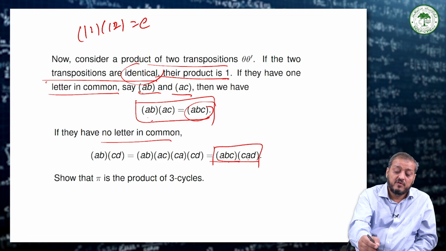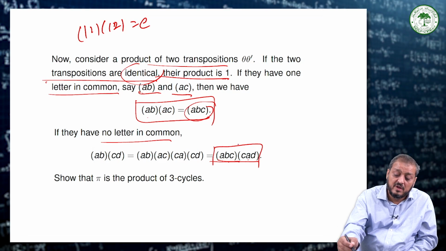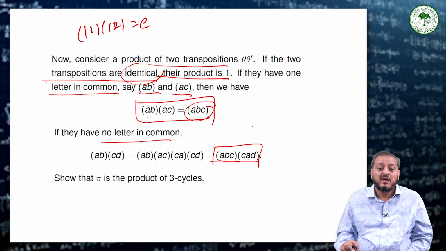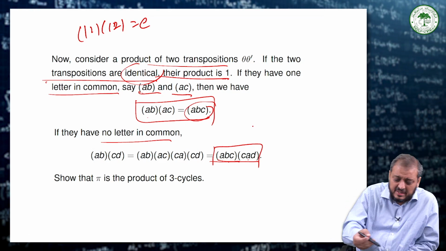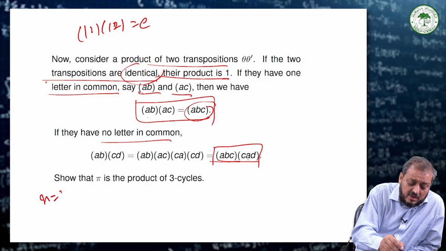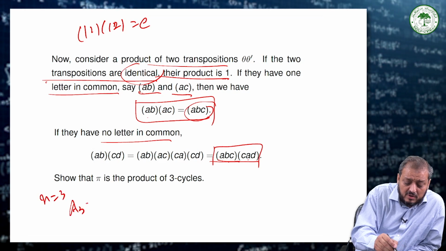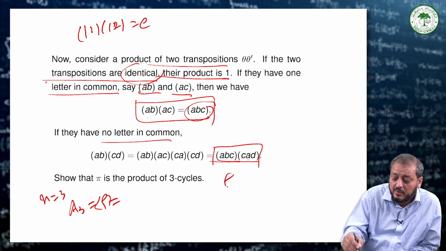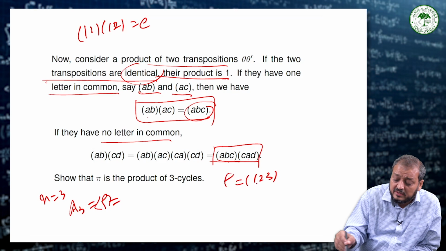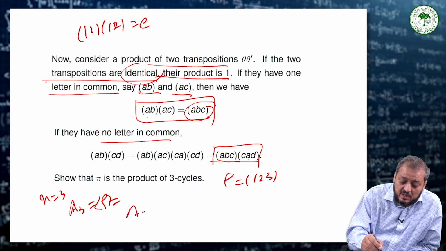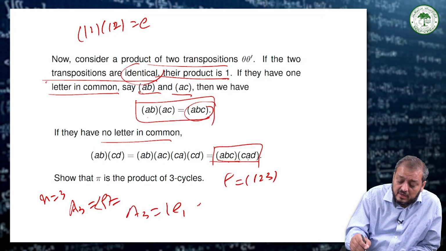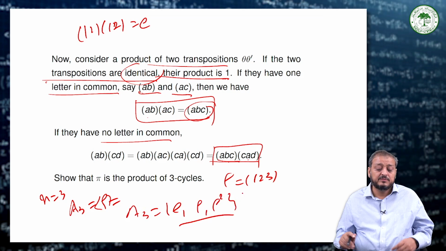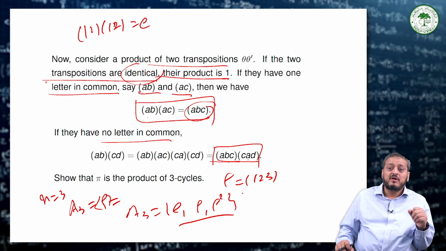So if we write (a b c), we are clearly generating all the pi. In the case n equal to 3, you know that A3 is generated by rho, where rho is equal to (1 2 3), and A3 is equal to e, rho, rho square. This is again a product of 3 cycles.